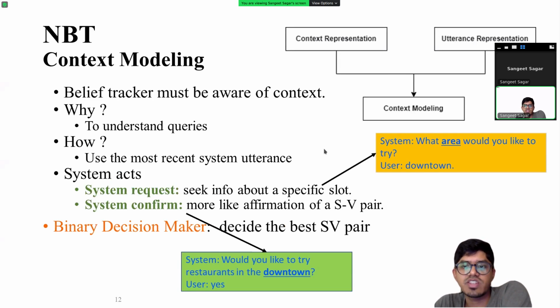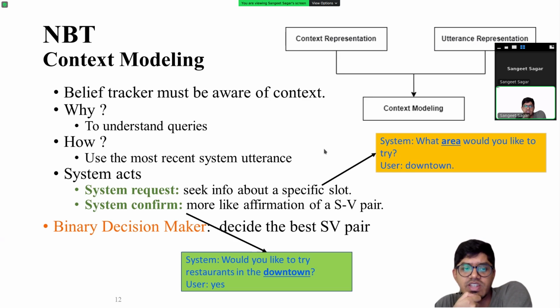Next, we have context modeling, where the goal is to have a belief tracker with a clear understanding of the context. This is done by modeling the most recent system utterance, and based on the last user utterance, the dialogue can form two acts. It can form a system request, or it can do a system confirm.